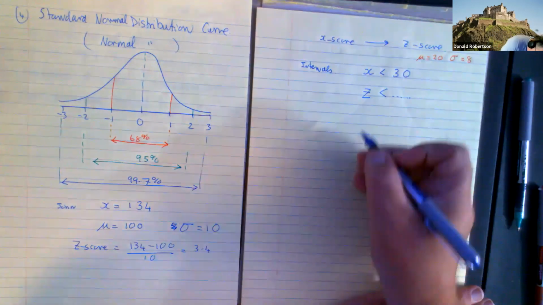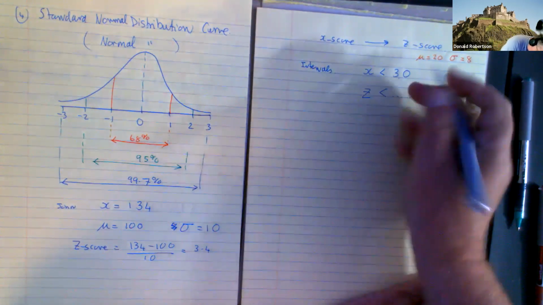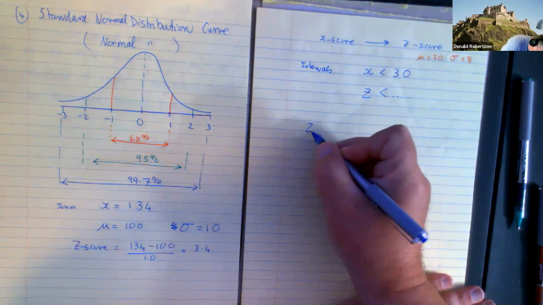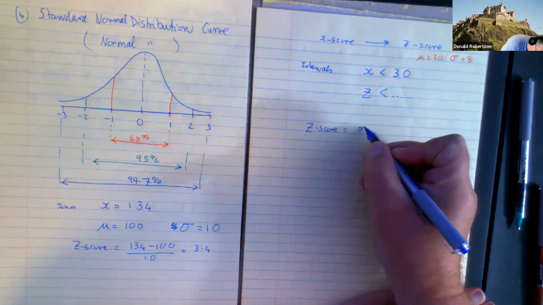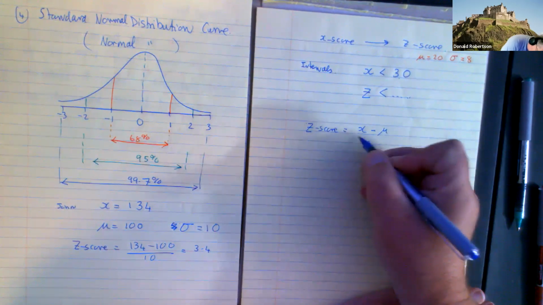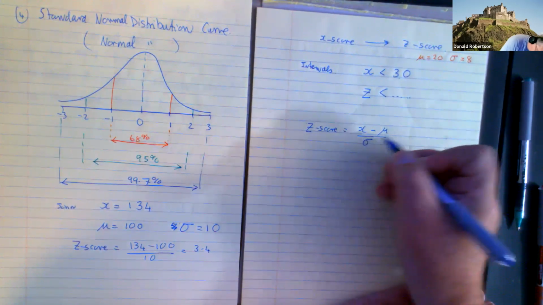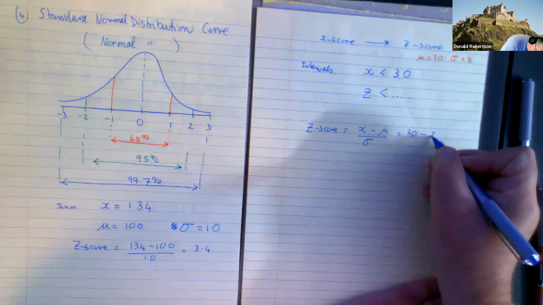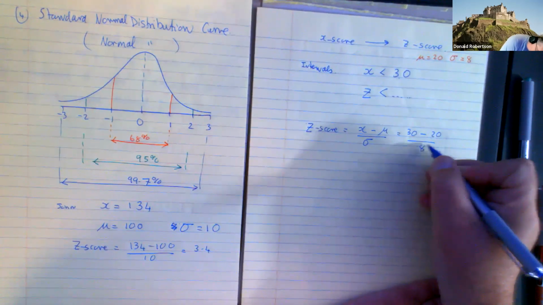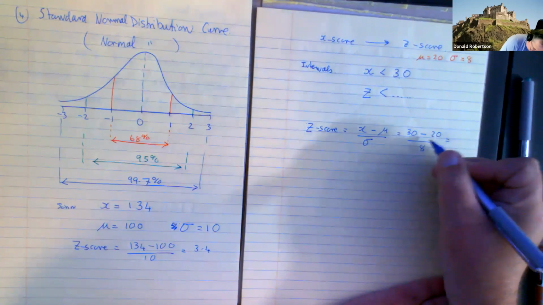So find the Z score for 30, because that's basically the boundary. The Z score for 30 is going to be X, take away the mean, divided by the standard deviation. It's going to be 30 take away 20, divided by 8, and that's 10 over 8, that's 1.25.